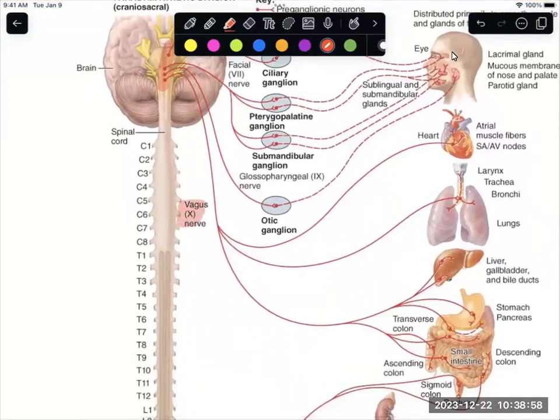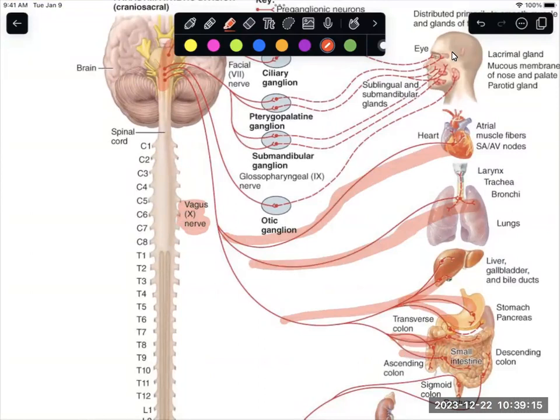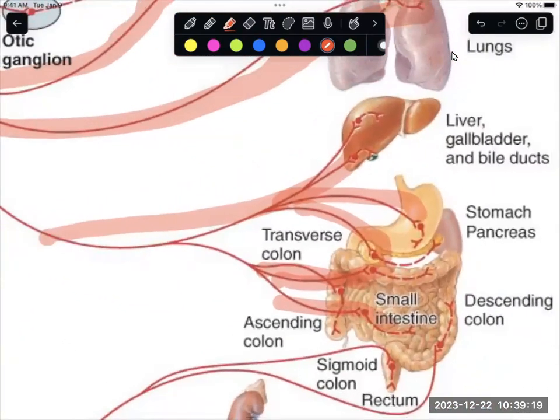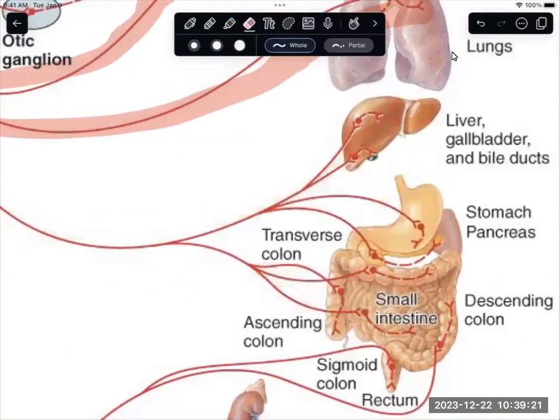That vagus nerve we mentioned in the last chapter, chapter 14, comes down to the heart, the lungs, the liver, the stomach, part of the colon, the small intestine. You can see, I should have drawn that in there as well. So you can see all of these red dots here. This is where a ganglia is at.